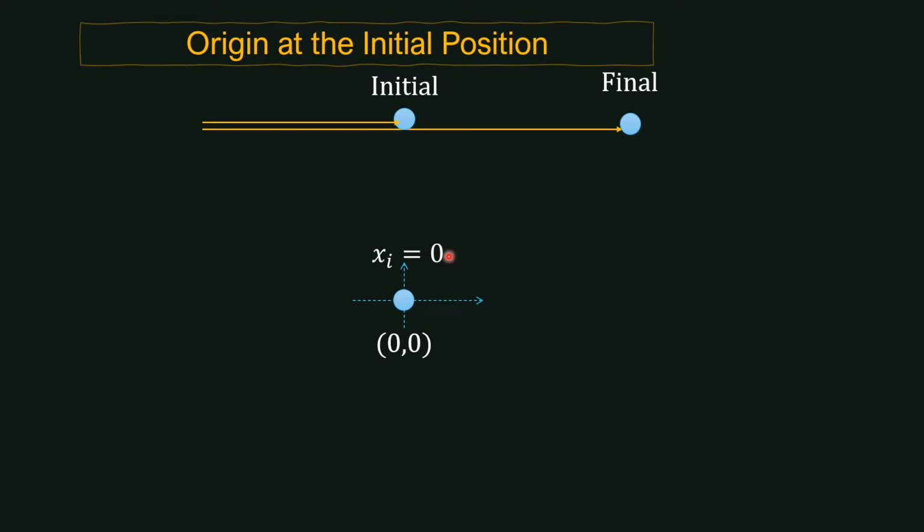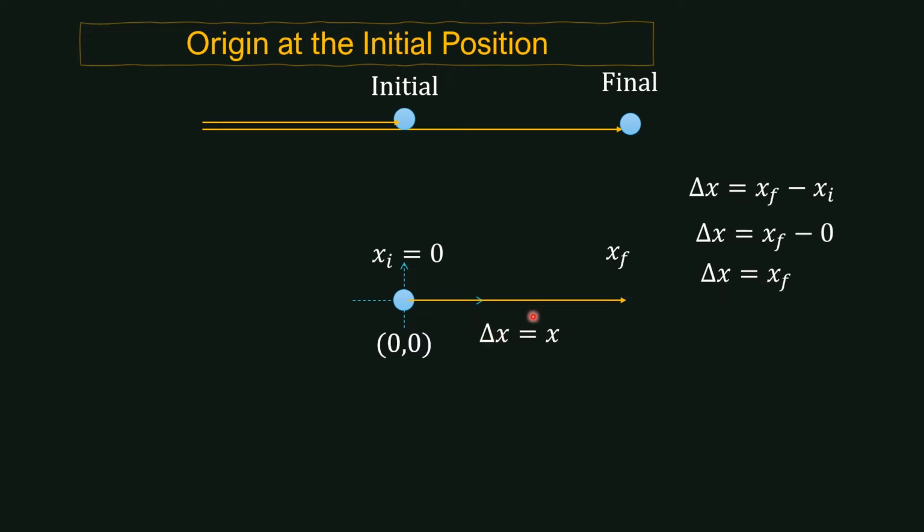Thus, the displacement delta x, which is final position minus initial position, becomes final position minus 0. Notice I plugged 0 for xi. This is simply xf. Since there are no two subscripts anymore, we might simply write x. So delta x, or the displacement, is simply x when we don't have initial. So final simply is x.